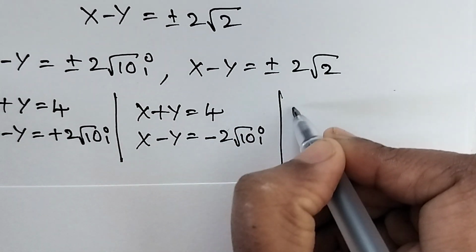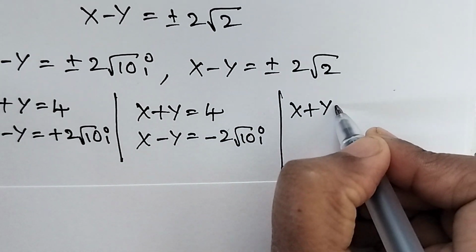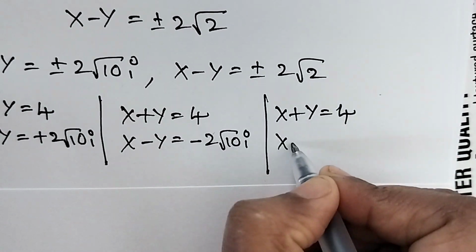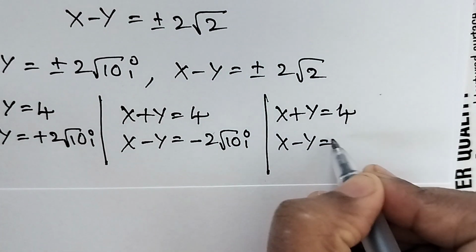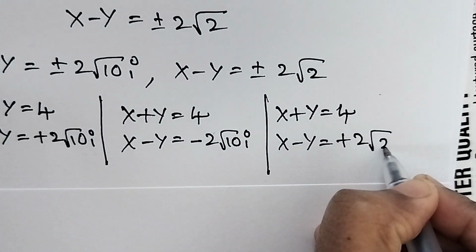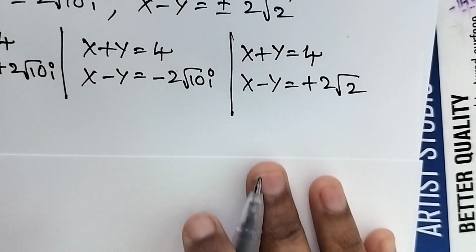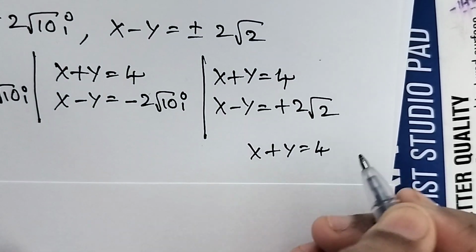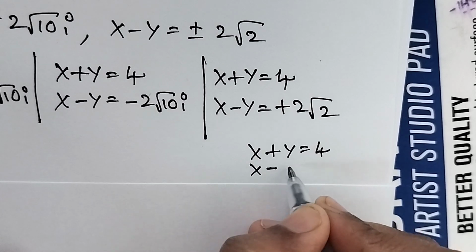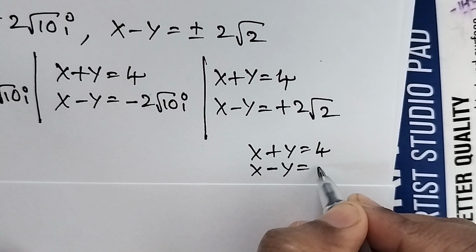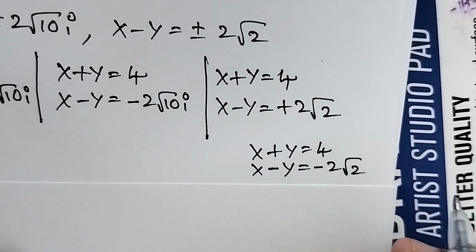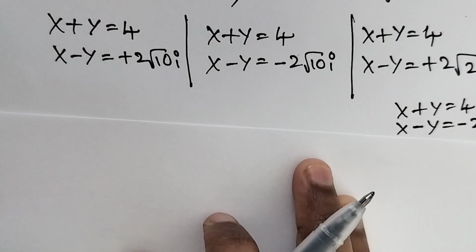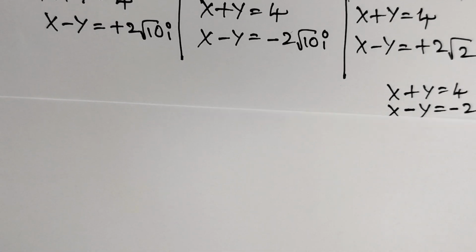And here x plus y is equal to 4, x minus y is equal to plus 2 square root of 2, and x plus y is equal to 4, and x minus y is equal to minus 2 square root of 2. So here we have 4 equations. From these 4 equations, we need to find the values of x and y.